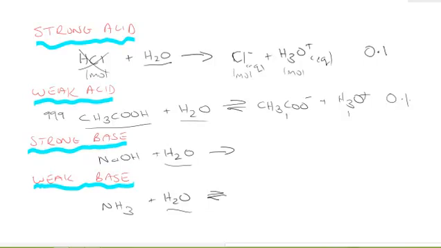Well, that's because the strong acid completely dissociates, and it would produce 0.1 mole per litre H3O+ here, and the weak acid would only partially dissociate, would produce very low concentration of this, and as pH is a measure of how much hydronium ions, we wouldn't expect a weak acid to have the same pH as a strong acid for the same concentration.